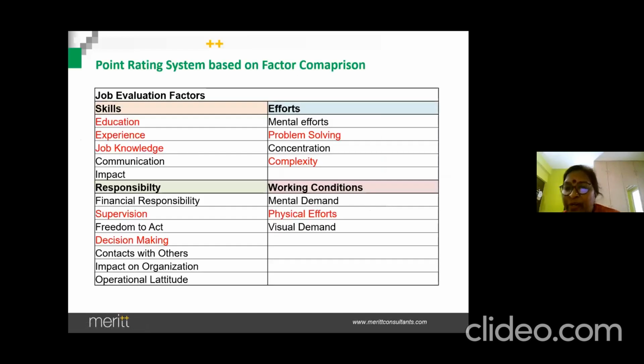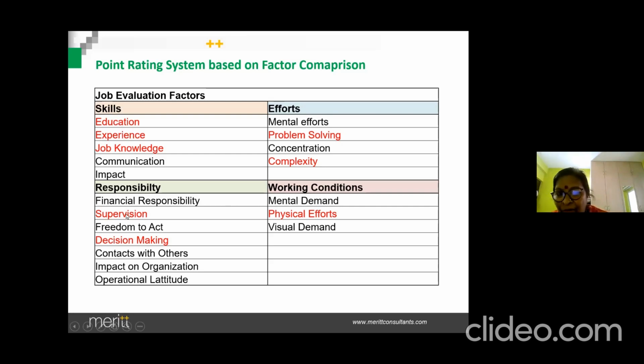Now, for your information, your compensable factors could be any factors which vary from job to job, and you pay for them. Universally, the generic compensable factors are typically skills, where you can talk about education, experience, job knowledge, etc. Then you can talk about responsibility.